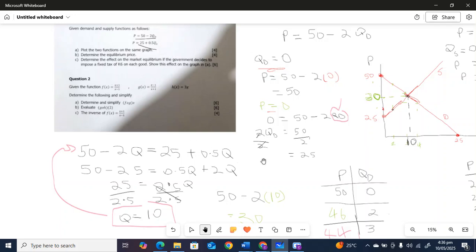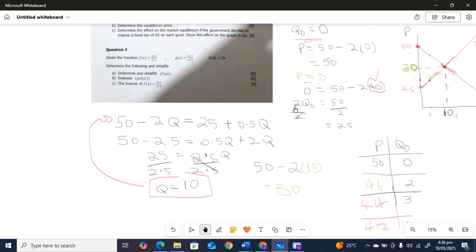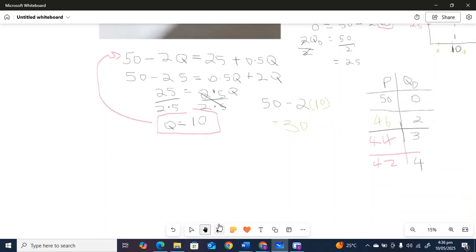Our supply function here is P equals 25 plus 0.5Q. So we add this tax of 6 kwacha.